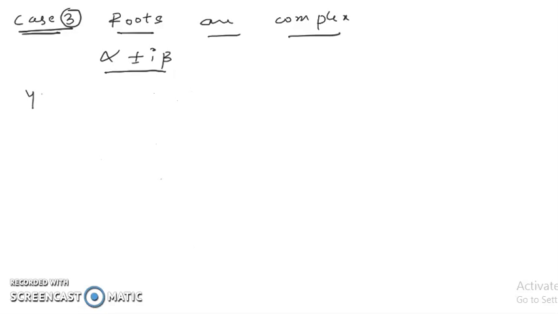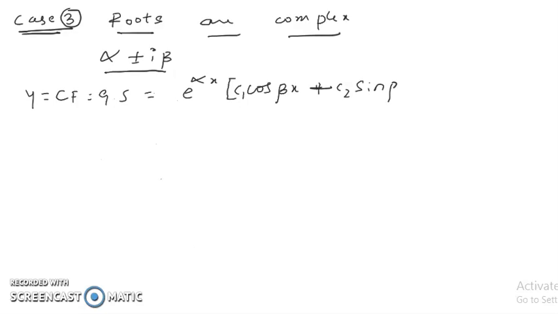So how are we going to write it? y is equal to CF, the general solution, is equal to e to the power alpha x, into the bracket c1 cos beta x plus c2 sin beta x.